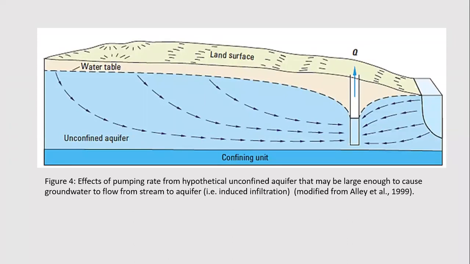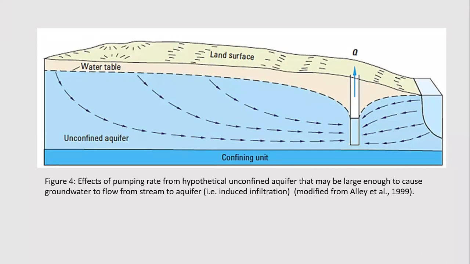As you pump water, it might be large enough that it will even cause the groundwater to flow from stream to aquifer. So in this case, you are altering groundwater that was supposed to flow to the river, and it is captured by the well. This eventually can cause stream flow depletion. And this is the concept of induced infiltration. I won't go much further on that concept due to time.